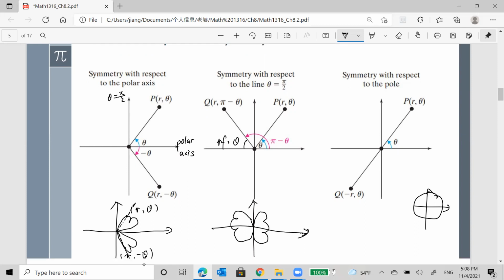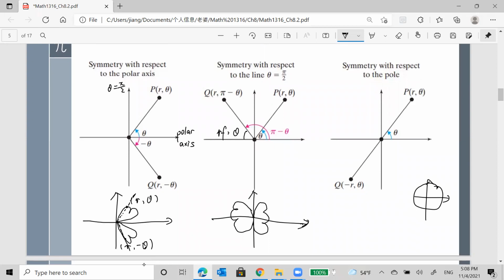And let's see this point. If I have a point here, for example, this is P. It's (r, theta). So theta is here, and r is from here to here. Symmetry with respect to the pole means after two reflections. Do you remember the first time reflected?